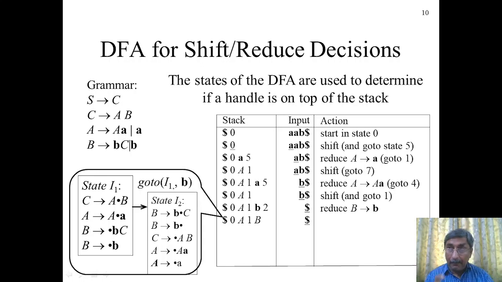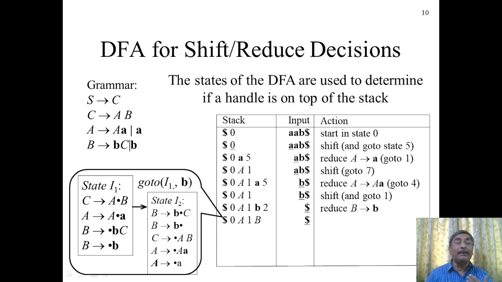Now this is a dilemma. Which one should I do? And this dilemma can be resolved by looking at the input. For example, I am seeing dollar at the input, and what can I see at the input from I2? I can see at the input only small a. So small a is not there, dollar is there.